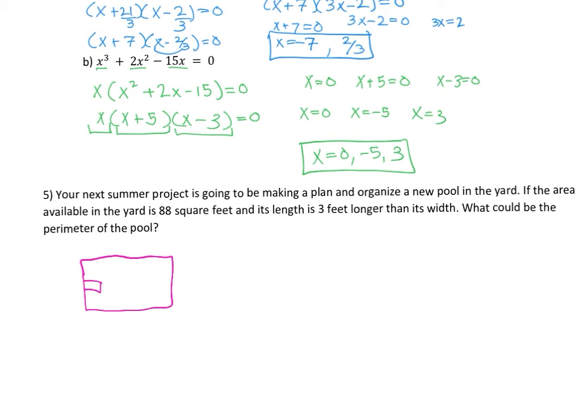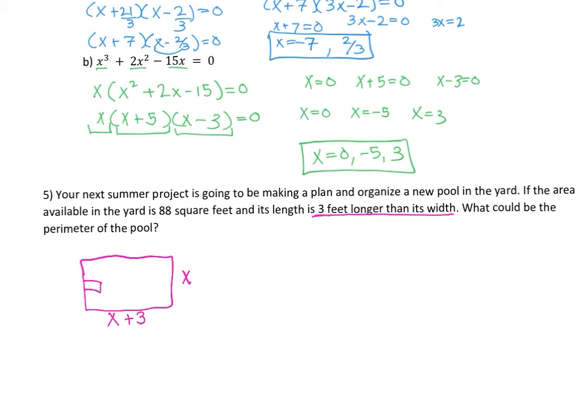But the area available in our yard is 88 square feet. And its length is 3 feet longer than the width. So if we have a width of x, when the problem says the length is 3 feet longer than the width, that means that whatever my width is, my length is 3 feet more than that. What could be the perimeter of the pool?